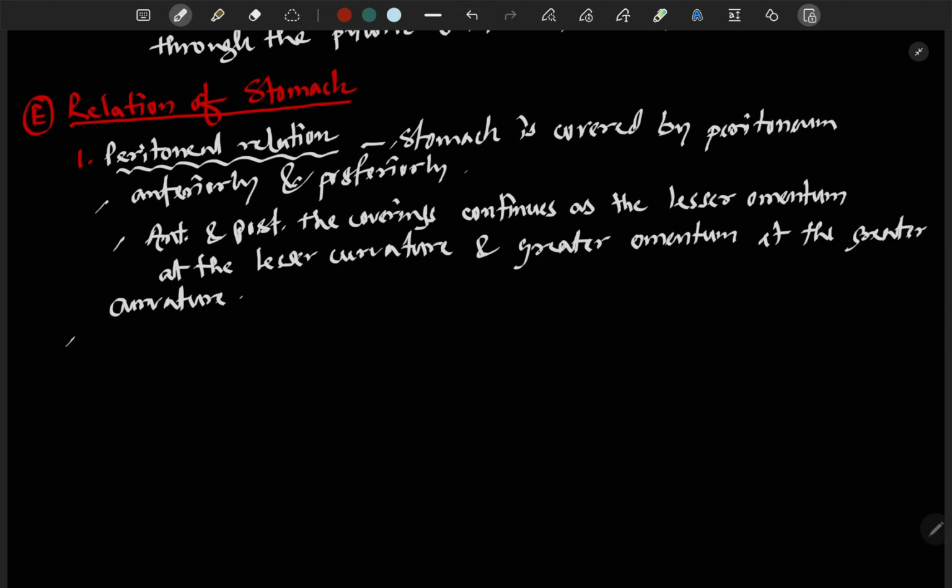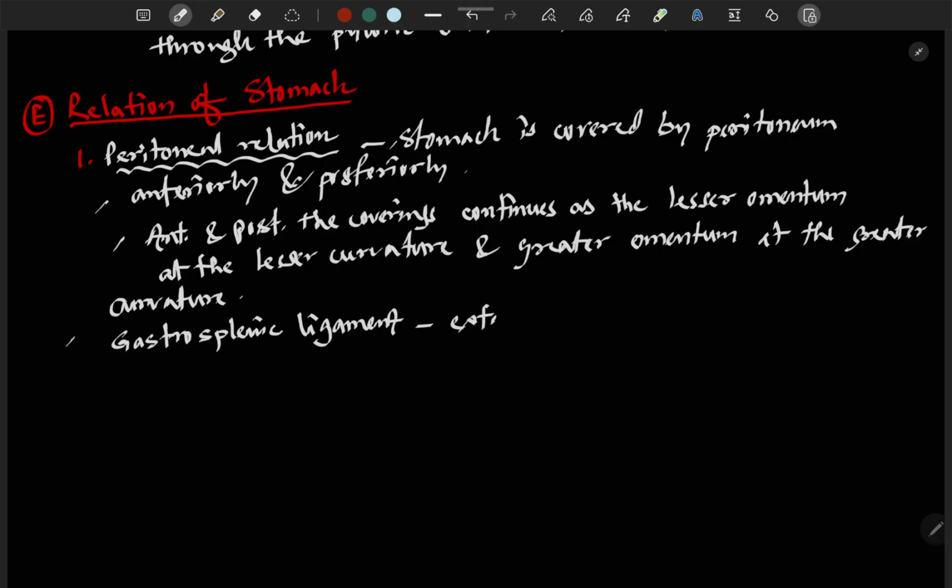Next one is the gastrosplenic ligament. What is it?